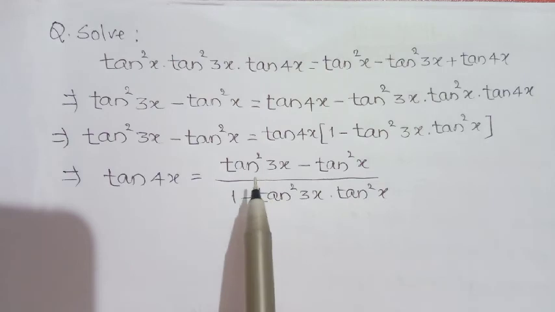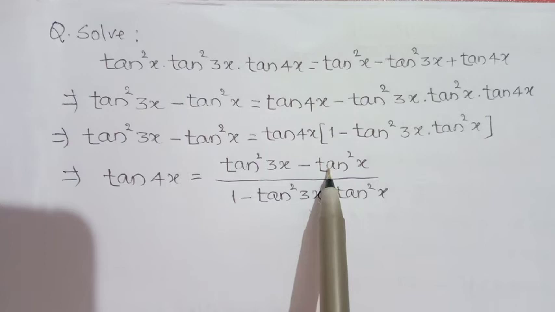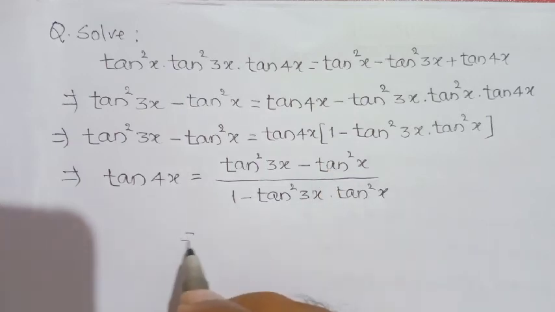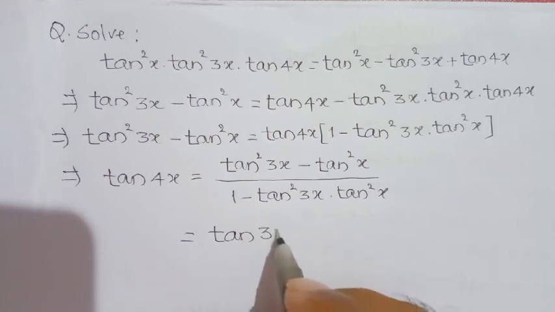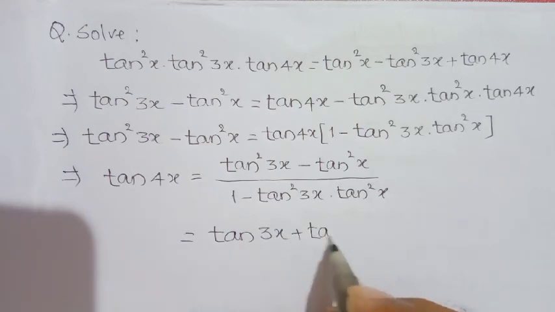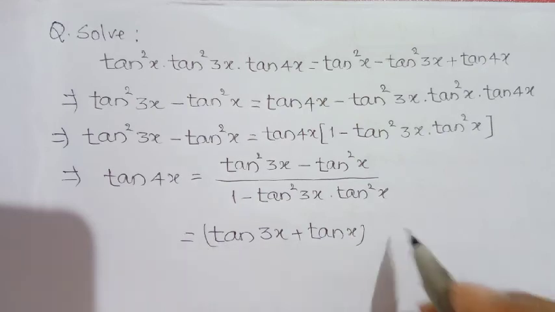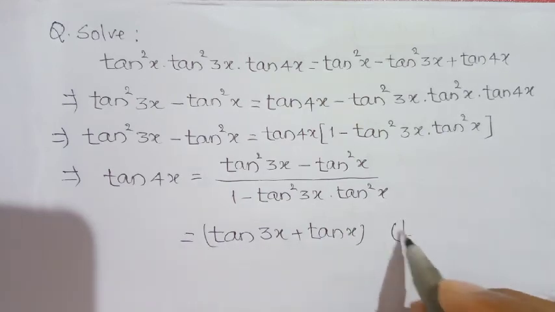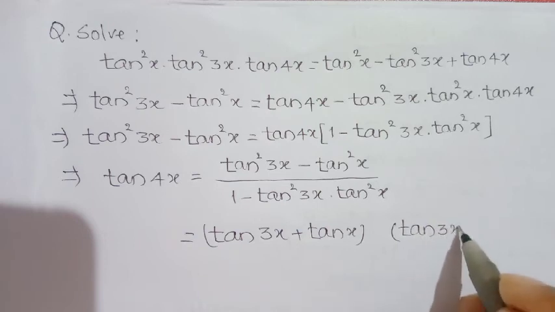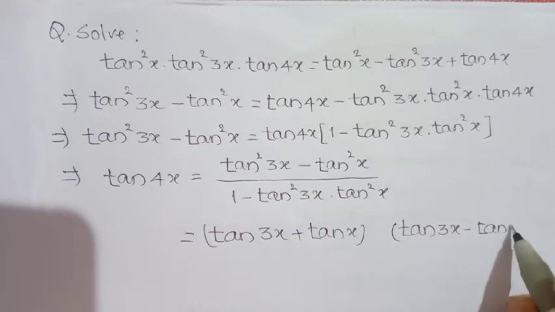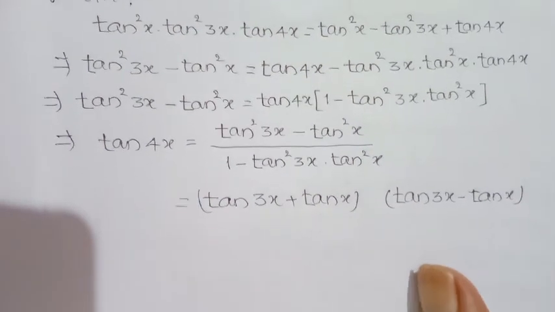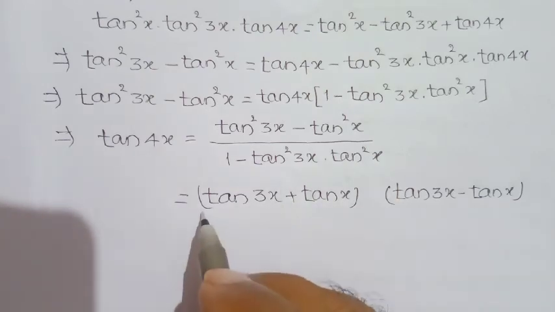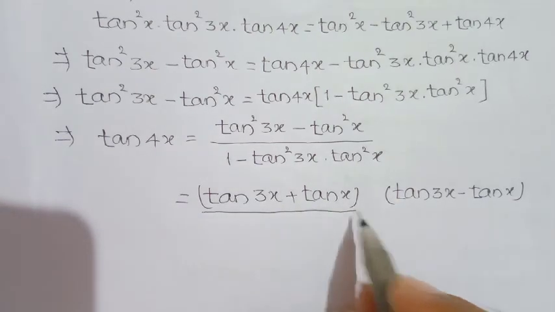Write it according to the formula of a square minus b square, which is a plus b into a minus b, so tan 3x plus tan x into tan 3x minus tan x. The same thing is applied to the RHS.